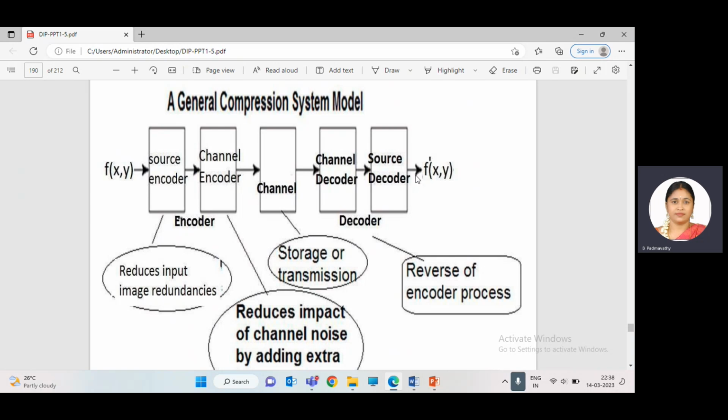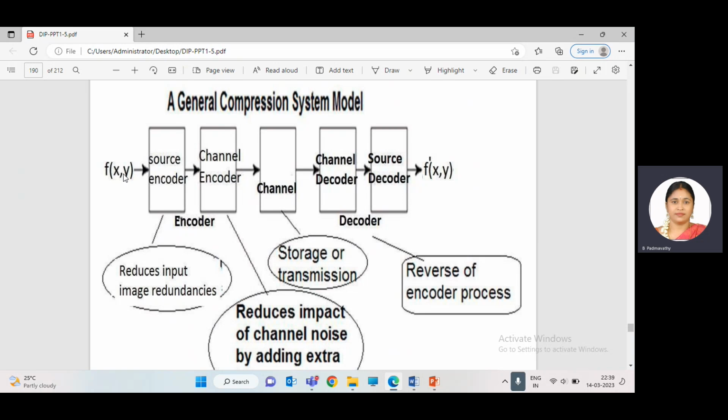After that, the size is increased back to 1024 by 1024. So the size of the image is large here and the same here, but in between we are compressing, and here we are decompressing. The image is compressed and the data is sent to the channel, and then the image is decompressed. So there will not be any loss of data from the source to the destination.